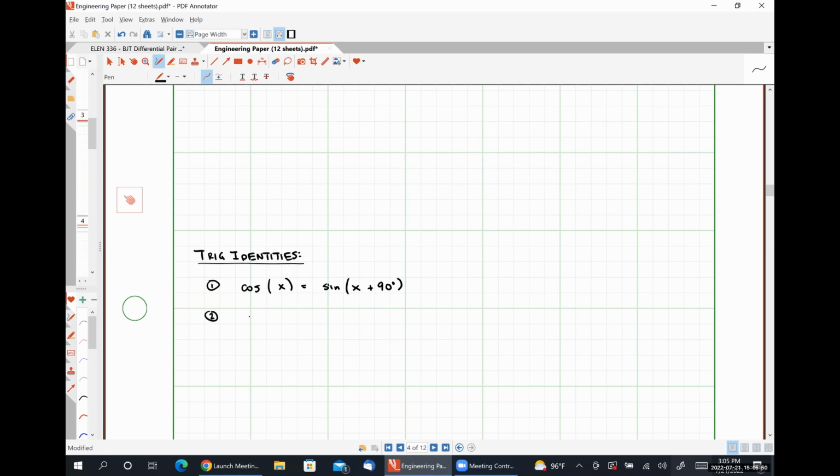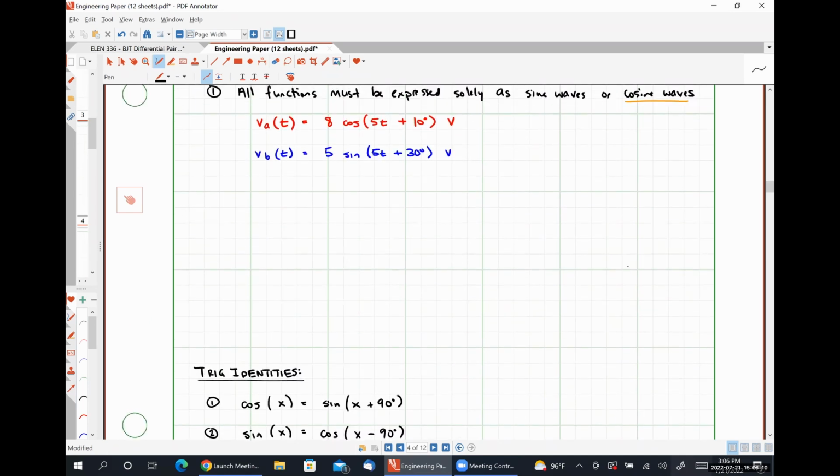And our second identity is that sine of x is equal to cosine of x minus 90 degrees. So I'm only writing down these two trig identities for the moment. We're going to talk about how to apply them really quickly.